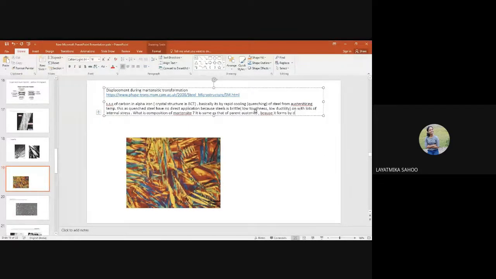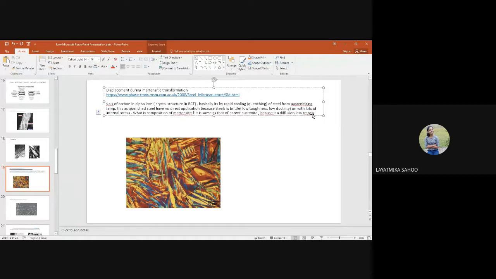There is no phase change. Phase has changed, right? Austenite has become ferrite. The phase change is there, but no composition change. During this transformation, what has happened? Just read what I have written.